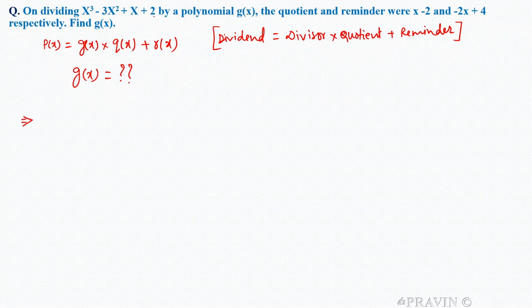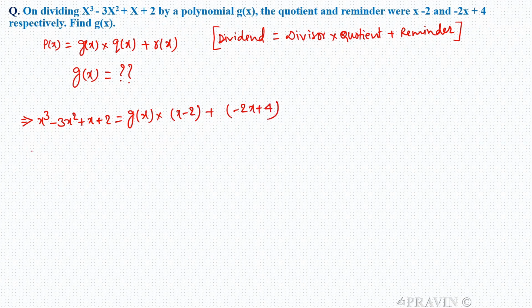Px is this given cubic polynomial x cube minus 3x square plus x plus 2, and gx you have to find into qx. Qx is the quotient polynomial, that is x minus 2, and rx is the remainder one, which is basically minus 2x plus 4.